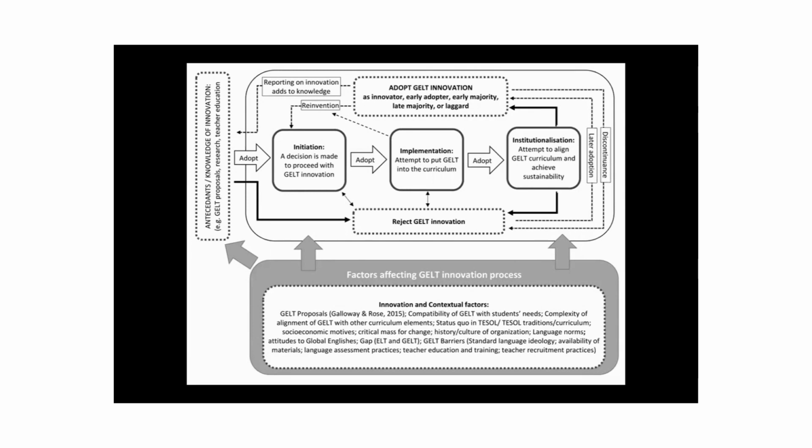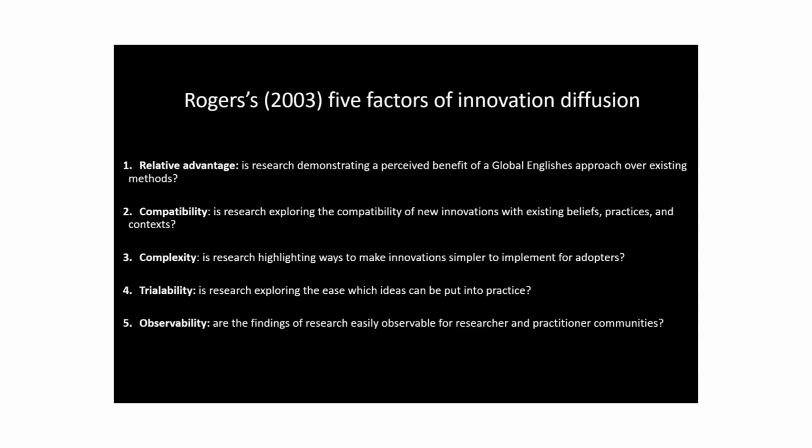And there are a lot of contextual factors that really affect whether innovations are adopted or rejected. And then also in terms of Rogers' innovation model, and this is something Nicholas talked about quite a lot, there are lots of different factors that will affect it. And so one is termed relative advantage.